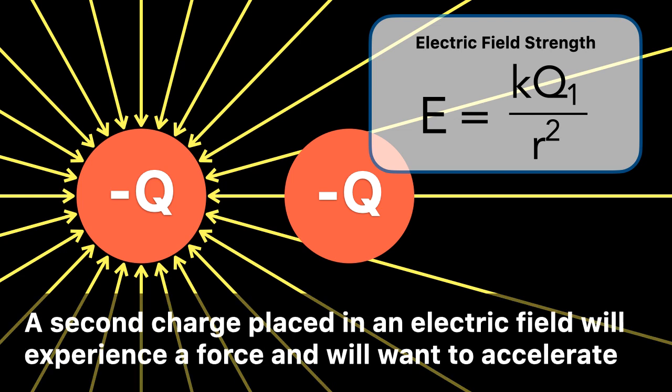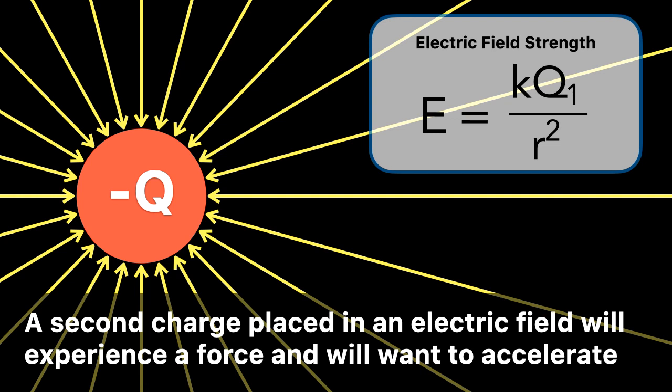So a second charge in an electric field will want to accelerate either toward or away, depending on the charge. Since these are both negative, this charge will zip away from the first charge.